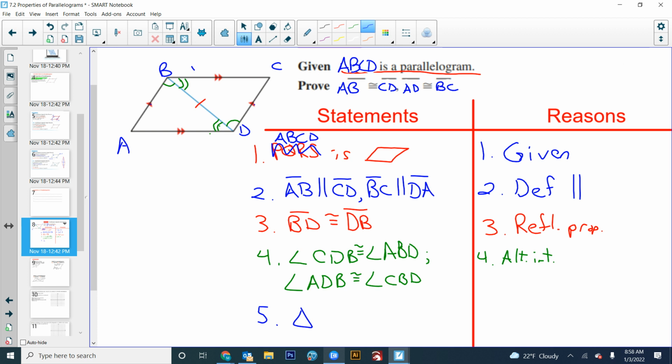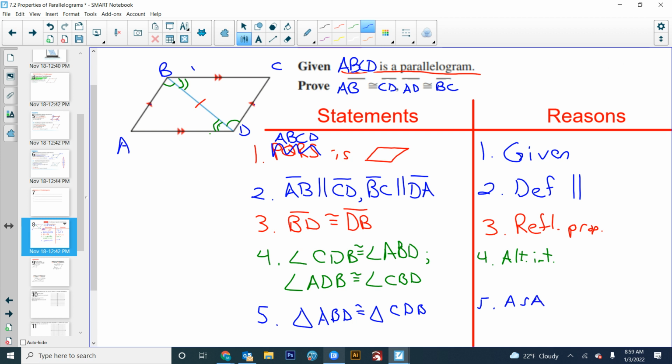Triangle ABD congruent to triangle, let's see, CDB. ASA.